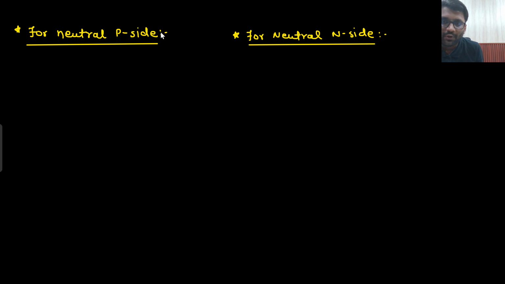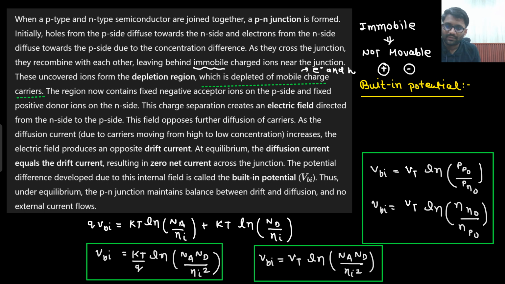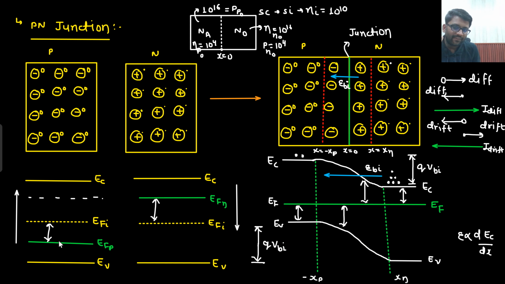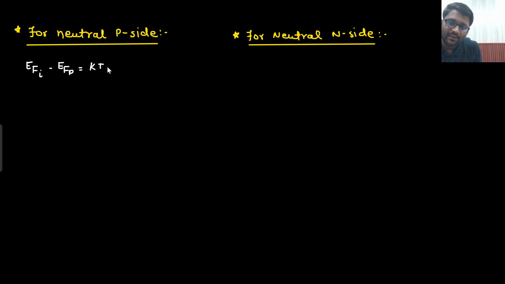What I am saying, for the neutral p side, what is the scenario? EFi minus EFp for the neutral p side. What would that be equivalent to? Sir, kT ln of the number of holes divided by ni, right?